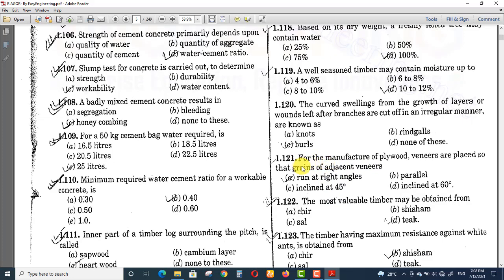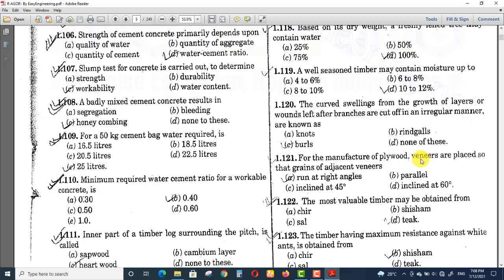Next question 121. For the manufacture of plywood, veneers are placed so that the grains of adjacent veneers run at right angles. What is a veneer? Veneers are thin slices of wood which we use for making plywood.